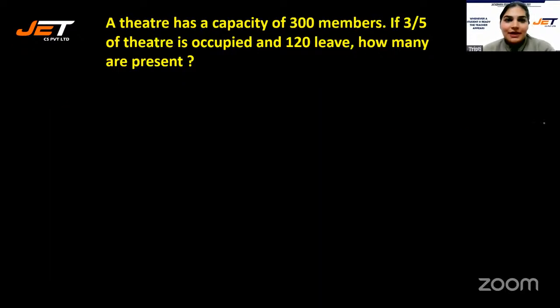A theater has a capacity of 300 members. If 3/5 of the theater is occupied and 120 leave, they left, how many are present?